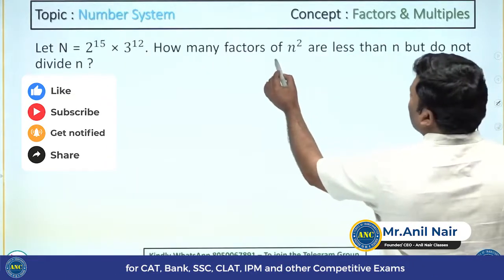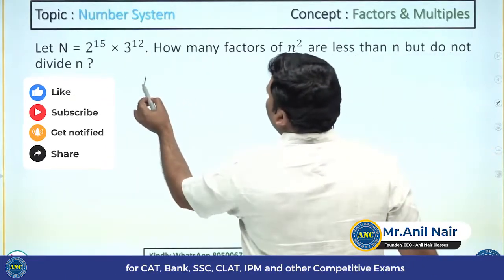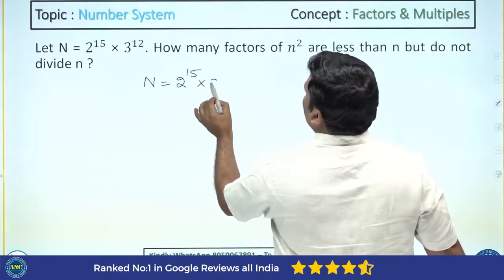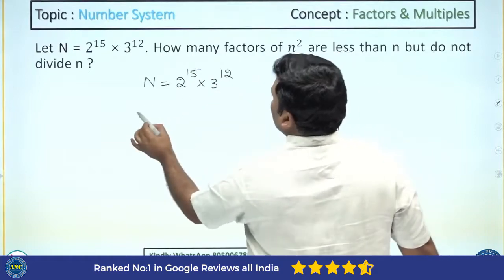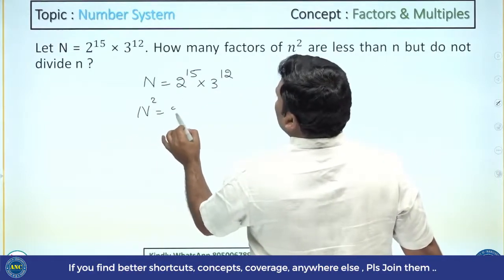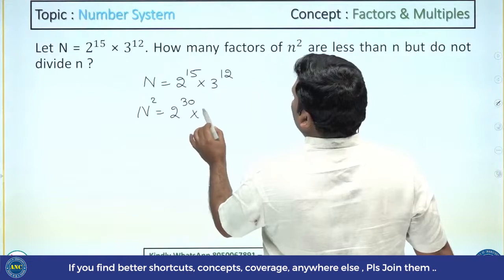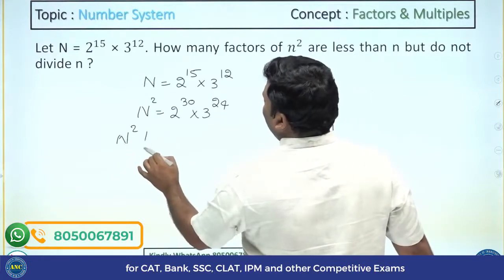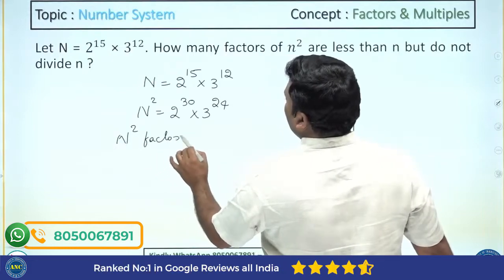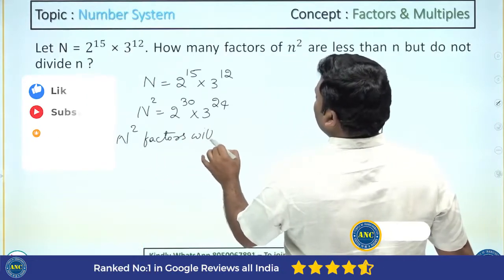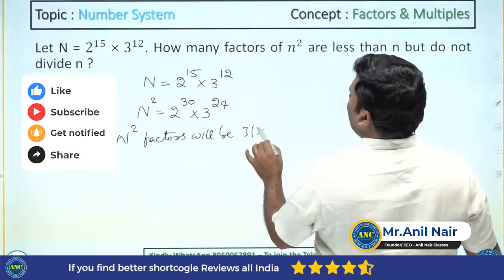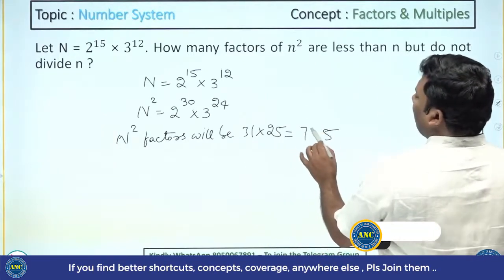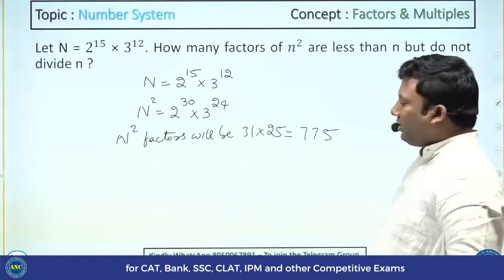Suppose the question is, again I am explaining, sir. N is 2 power 15 into 3 power 12. N square will become 2 power 30 into 3 power 24. N square factors will be 31 into 25, which is 775.